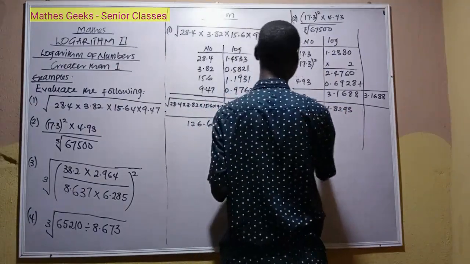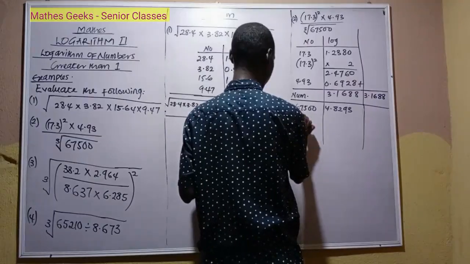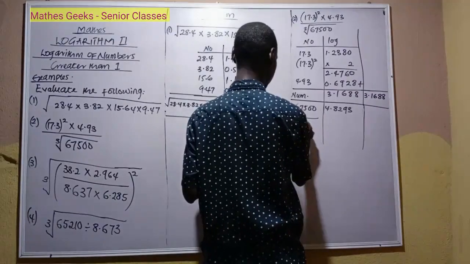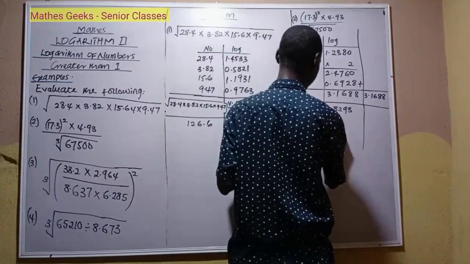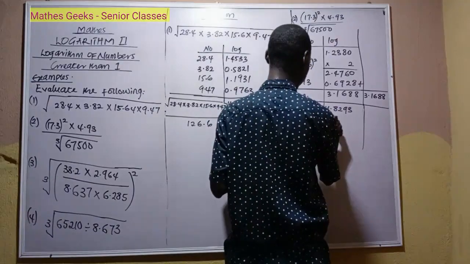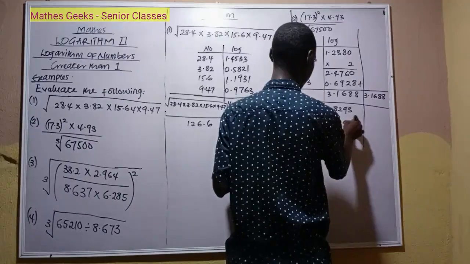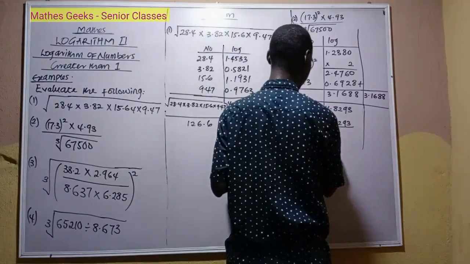Now, let's look at the third root. Third root of 67500 implies that we're going to divide it by 3. That's 4.8293 divided by 3.